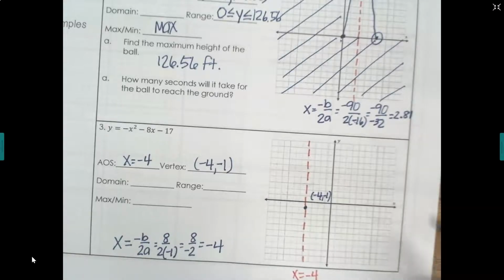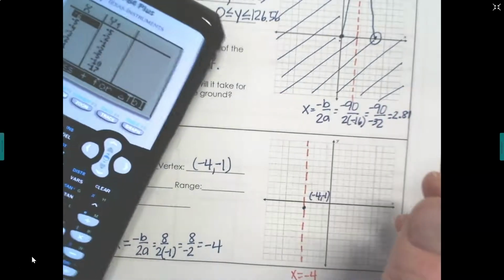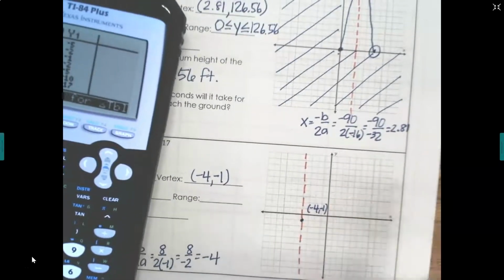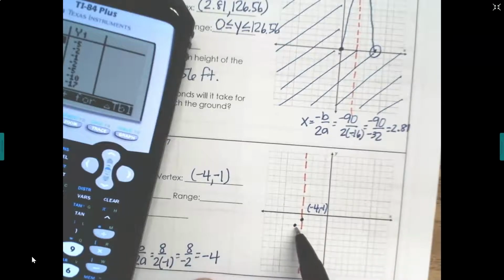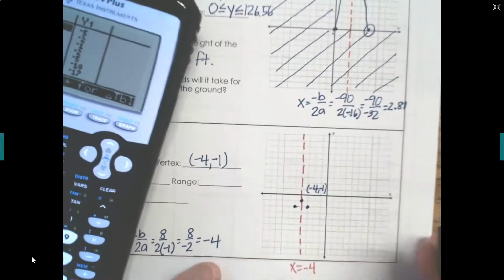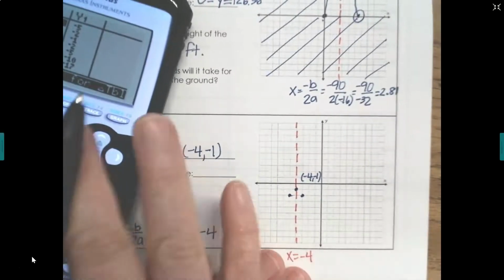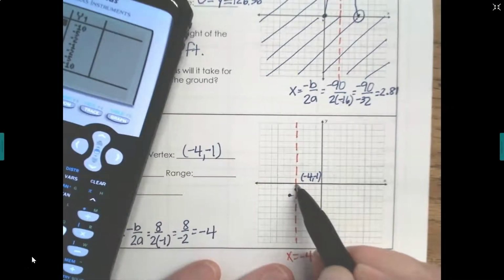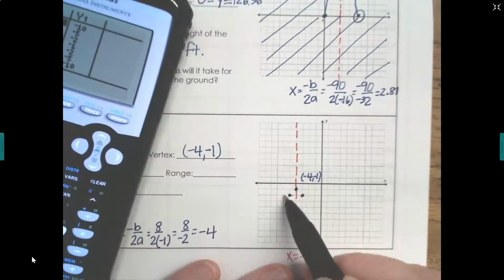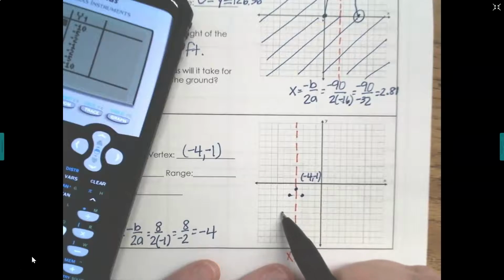And we're going to get the rest of the points now. Okay, so we have -5, -2. And remember, I talked about the symmetrical. This is 1 away from the axis of symmetry to the left, so I'll go 1 to the right on the same level. Then I have, let's see, -6, -5.